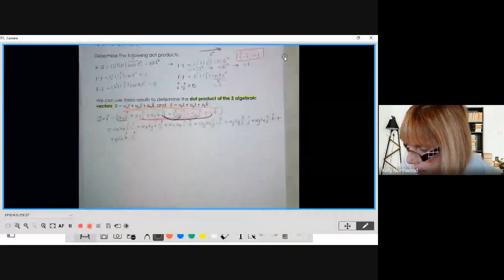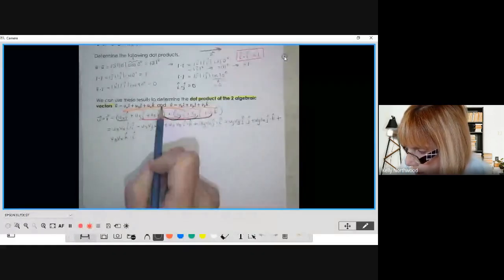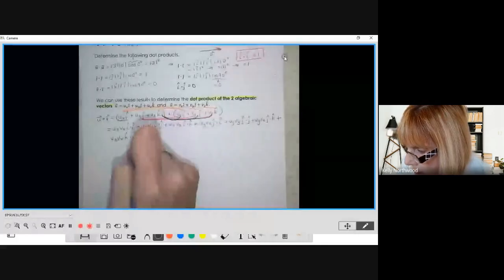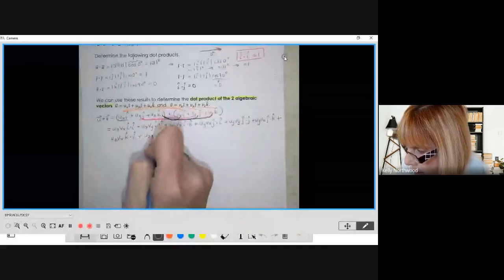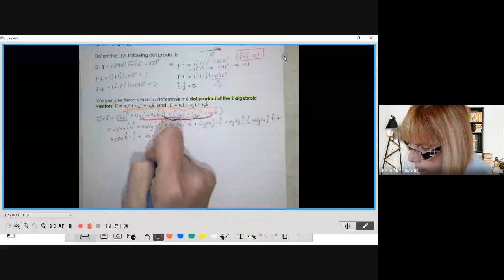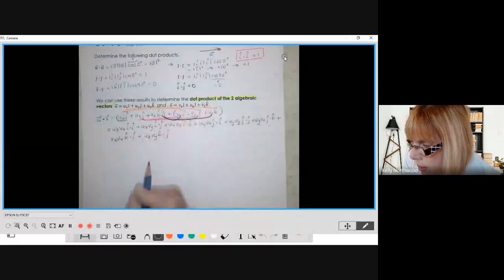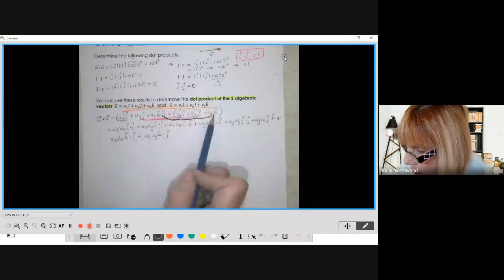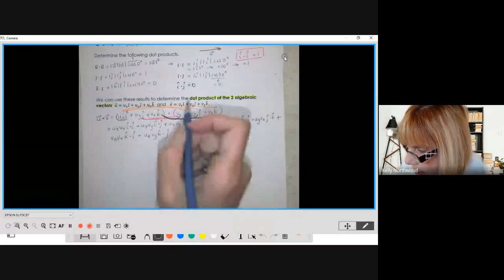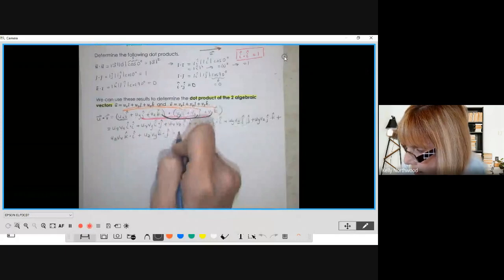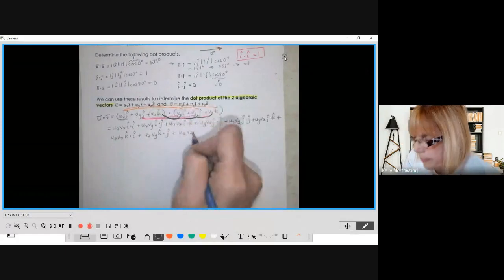This by this is going to give me uz, vy, k hat dotted with j hat. And then this times this is going to be uz, vz, k hat dot k hat.